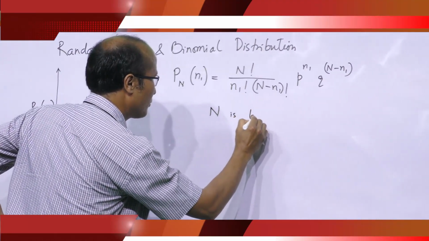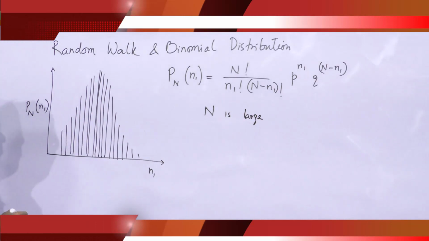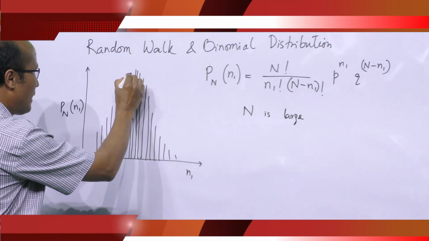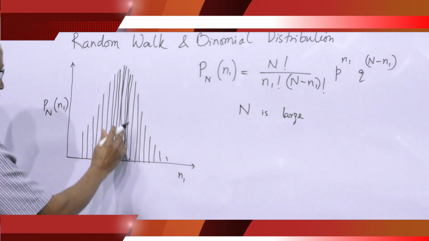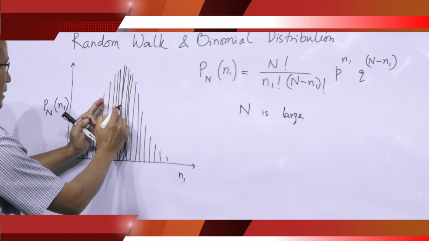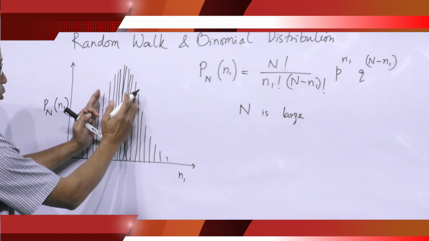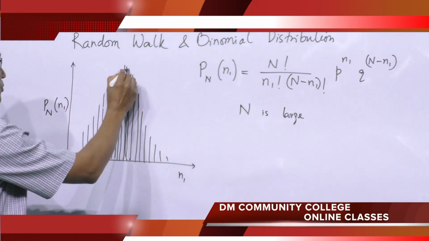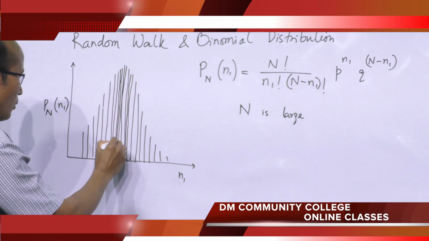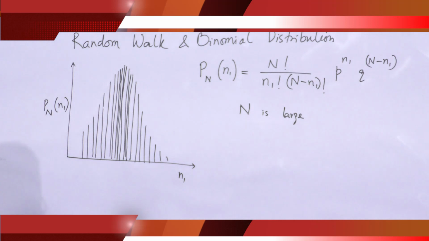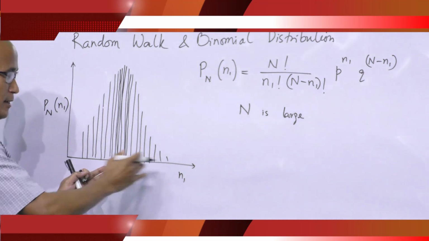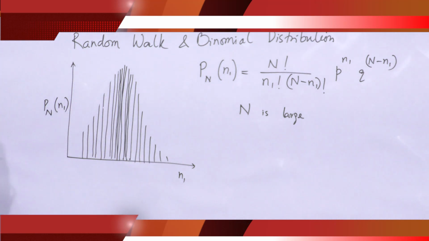large, then we find that this distribution, this deviation about the mean, is very narrow, and we can take this distribution to be a continuous distribution, even though it is discrete and the minimum step length taken is 1.